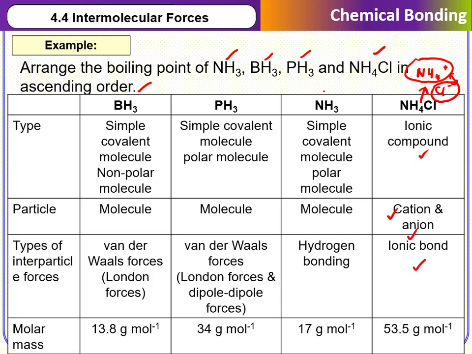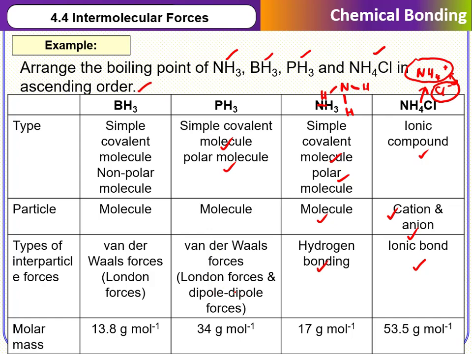How about ammonia? Ammonia has N-H bonds, right? So what type of bond exists? It's hydrogen bonding. It is a simple covalent molecule, which is a polar molecule. How about PH3? PH3 also is a simple covalent molecule, and it is a polar molecule.